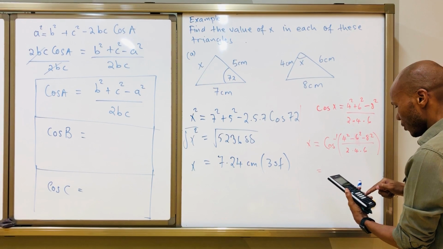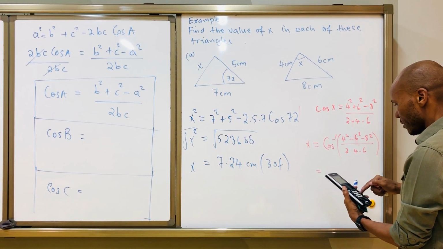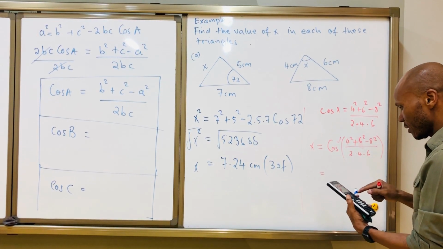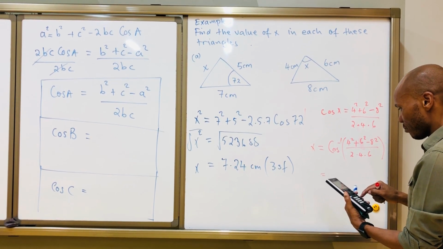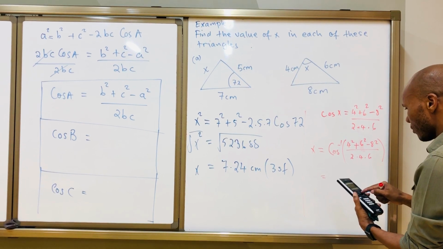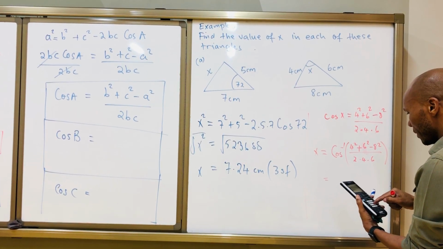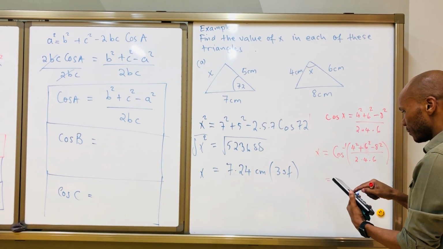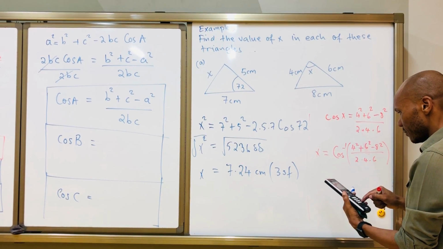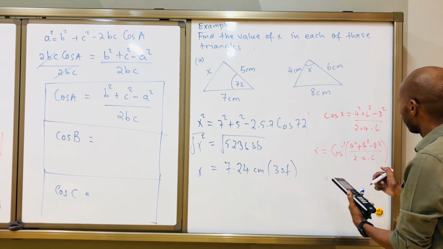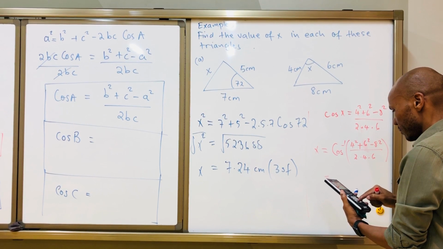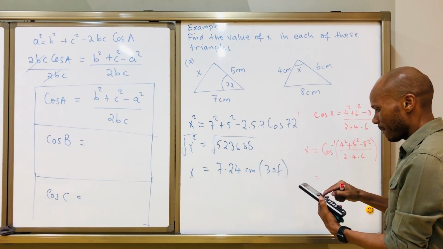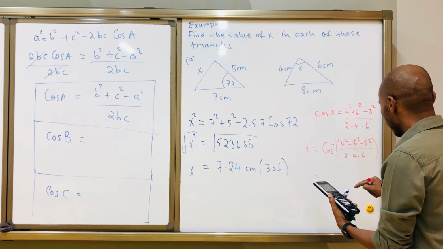That will be 4 squared plus 6 squared, oh sorry, it's supposed to be plus there, minus 8 squared, divided by 2 times 4 times 6.